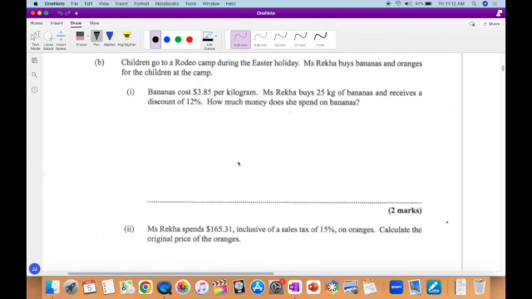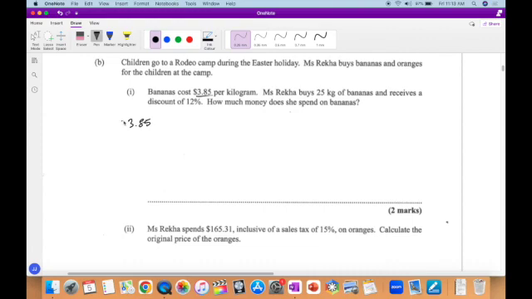Right, so part B, children go on a rodeo camp during the Easter holidays. Miss Reka buys bananas and oranges for the children at the camp. Bananas cost $3.85 per kilogram, and Miss Reka buys 25 kilograms, right?